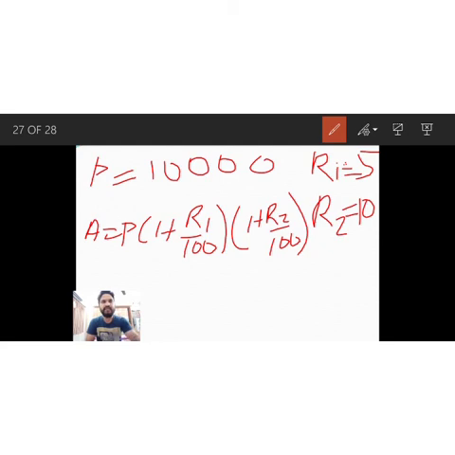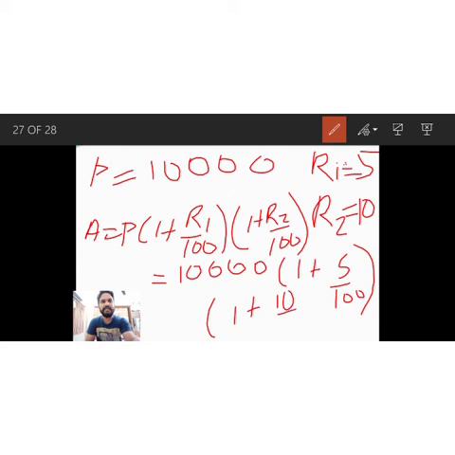Now see, P is 10,000. In the first bracket 1 plus 5 upon 100, and for the second bracket 1 plus 10 upon 100.